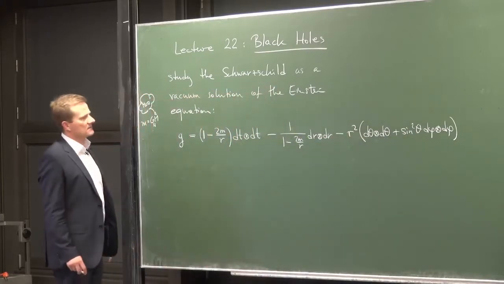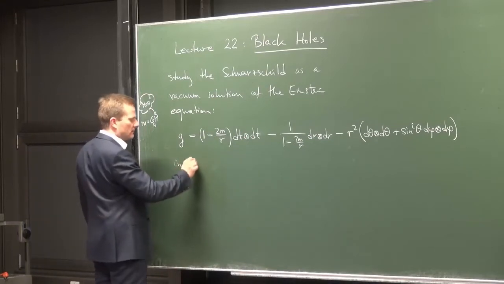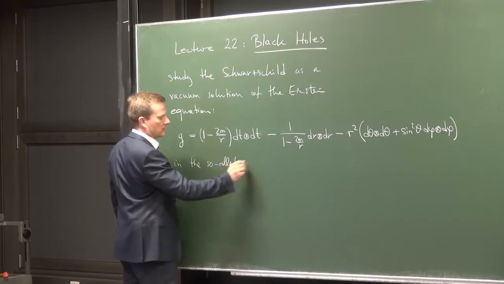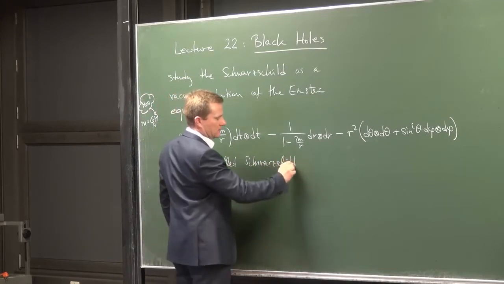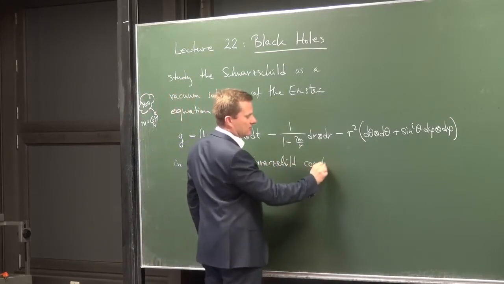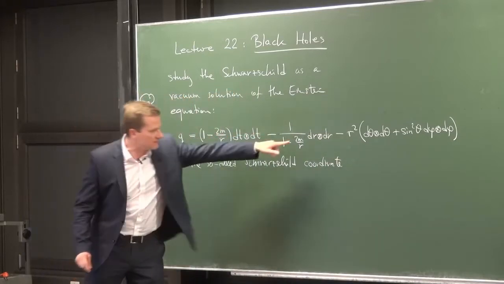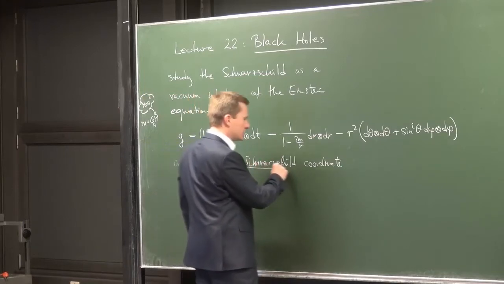You check that this is a vacuum solution in a chart in the so-called Schwarzschild coordinates. So the metric is called the Schwarzschild metric, and that refers to the g, but the coordinates in which this is formulated are, maybe unfortunately, also called Schwarzschild coordinates.